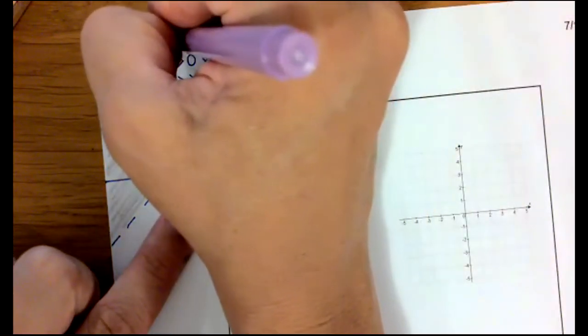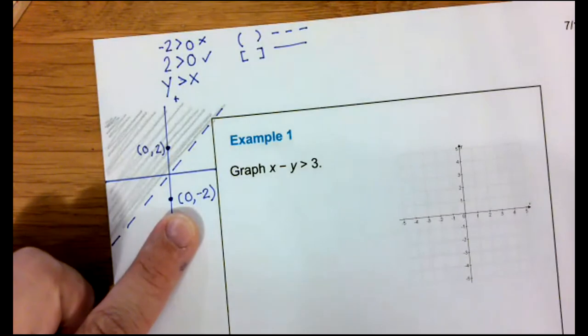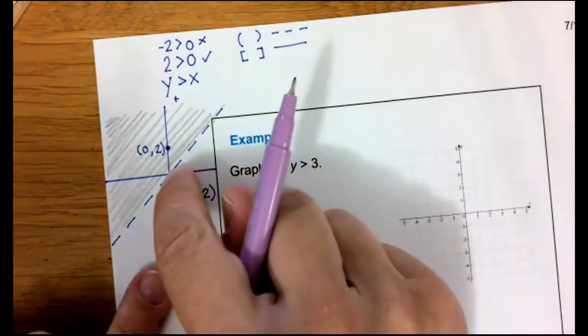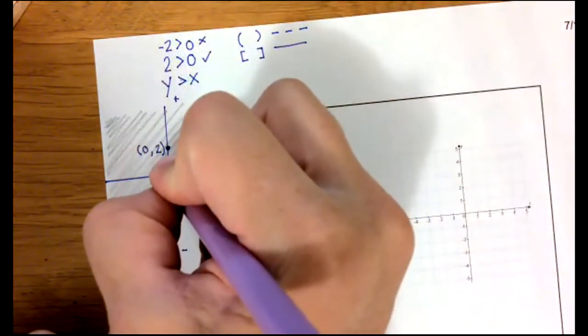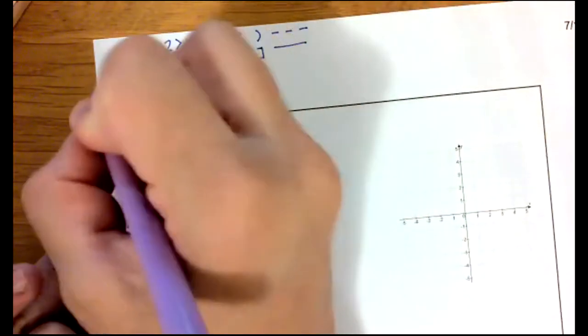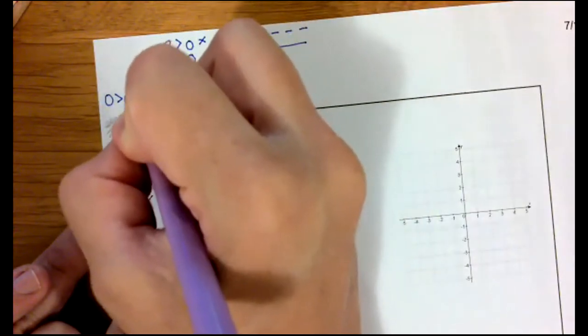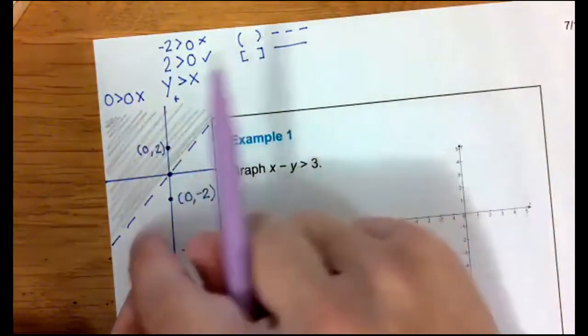X is 0, y is negative 2. So that's not true, right? It's not part of the solution set. What about right on the line? 0, 0 is right on the line. 0 is greater than 0? Not true.